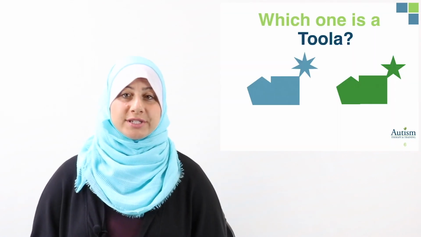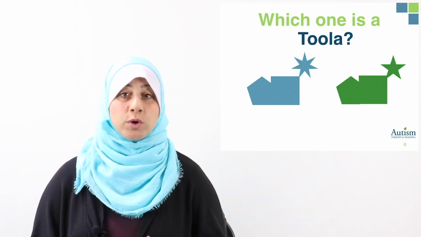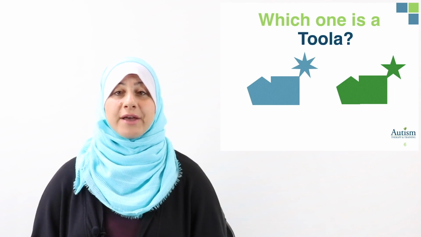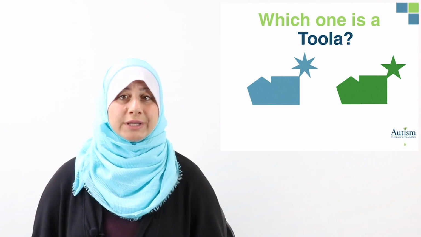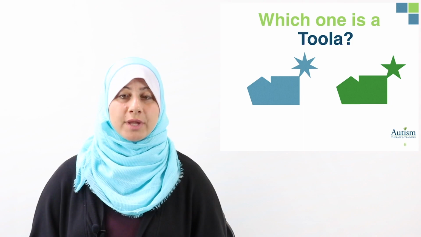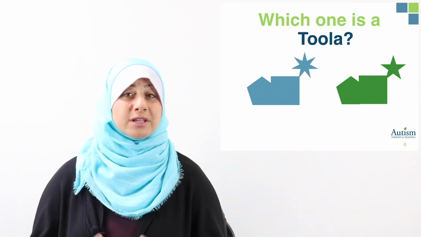Here are two images. I'd like for you to point out Tula. Is it the one on the right or the one on the left? That's a tough one, isn't it? You're probably wondering what a Tula is. I want you to think of our learners for just a moment. When we introduce a new concept, picture, or instruction, most often the learner feels just as confused as we just did.